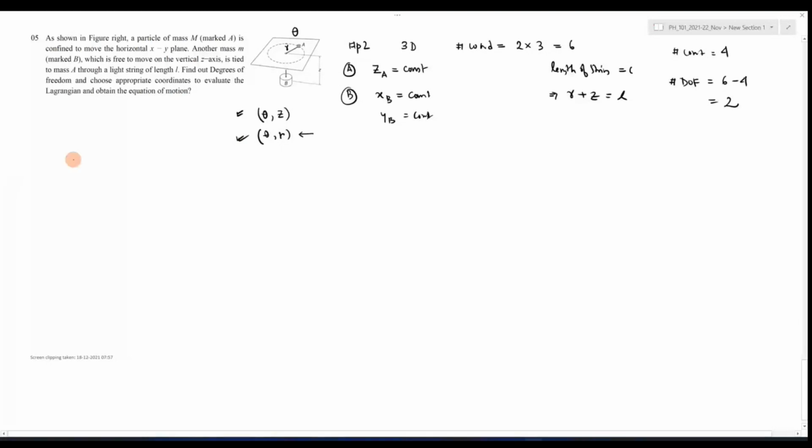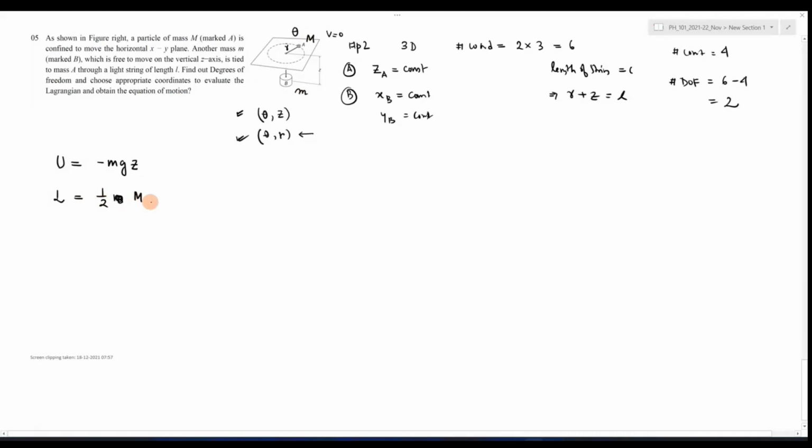So next, let us write the potential energy. Suppose we are choosing this plane as having potential equal to 0. So this body will be z distance below, so it will become mgz. So Lagrangian, by the way, this particle is having mass capital M and this one is having small m.